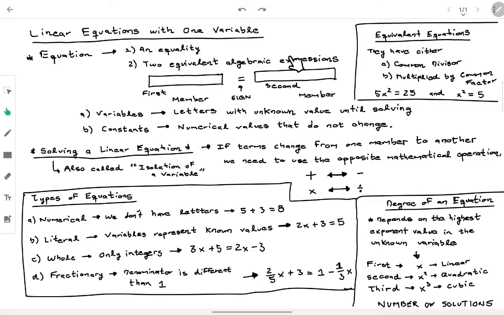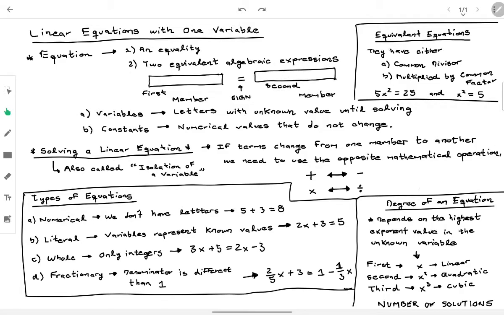It's very important here to differentiate between having two equivalent algebraic expressions and equivalent equations, because having two equivalent algebraic expressions means we have one algebraic expression on the left that is equivalent to another algebraic expression to the right.